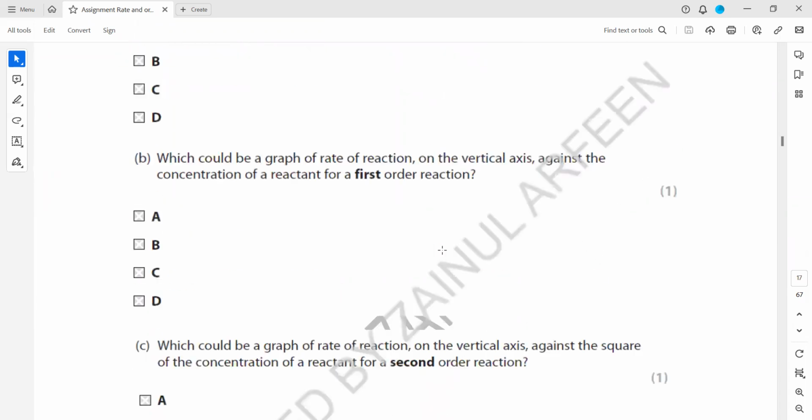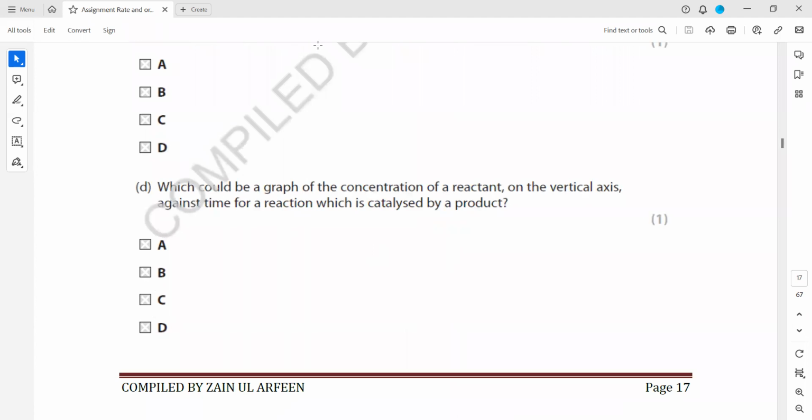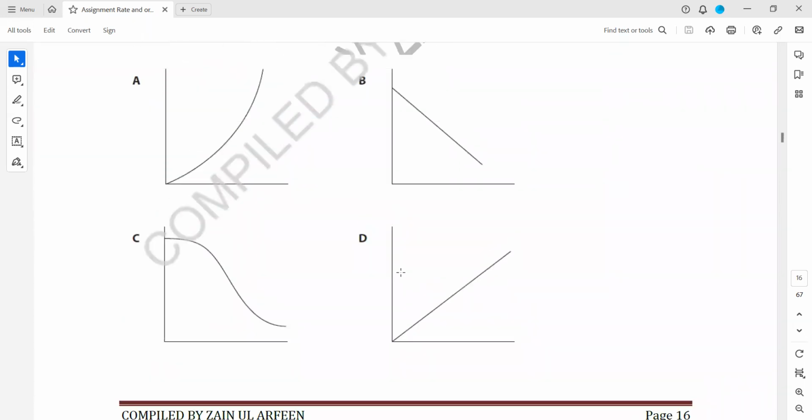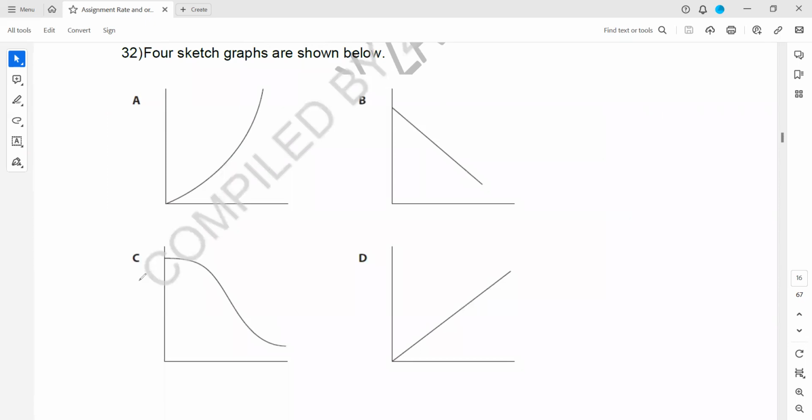So we want a graph between concentration of the reactant, so concentration of the reactant in the beginning, because concentration of the reactant decreases. So if we have a normal sketch, this one is there for zero order.